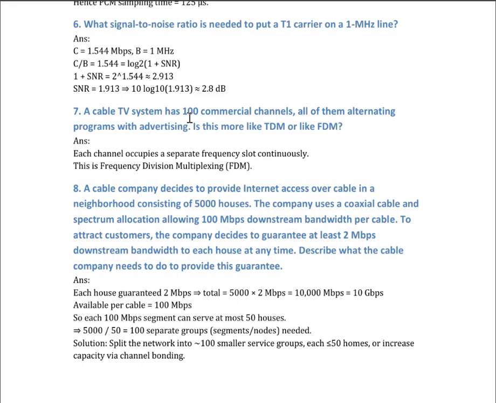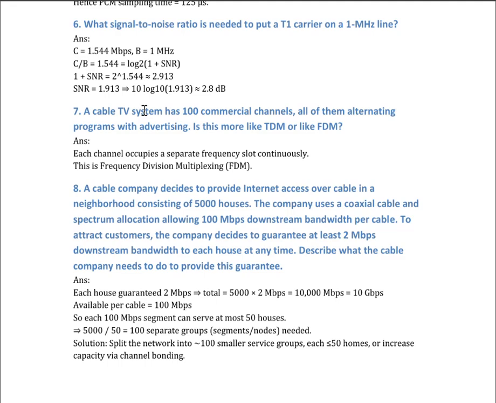Next problem, cable. Why are we discussing cable? Because TV signals and radios all use frequency division multiplexing. It always separates the frequencies continuously and gives a certain time period.